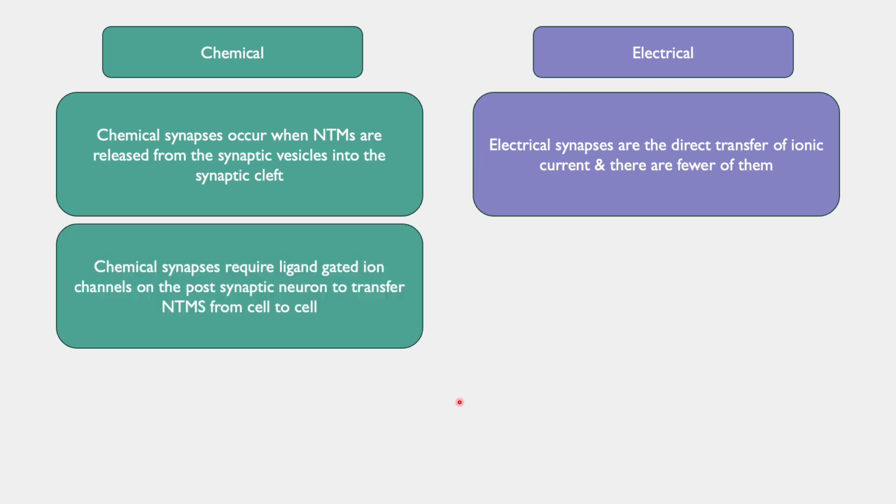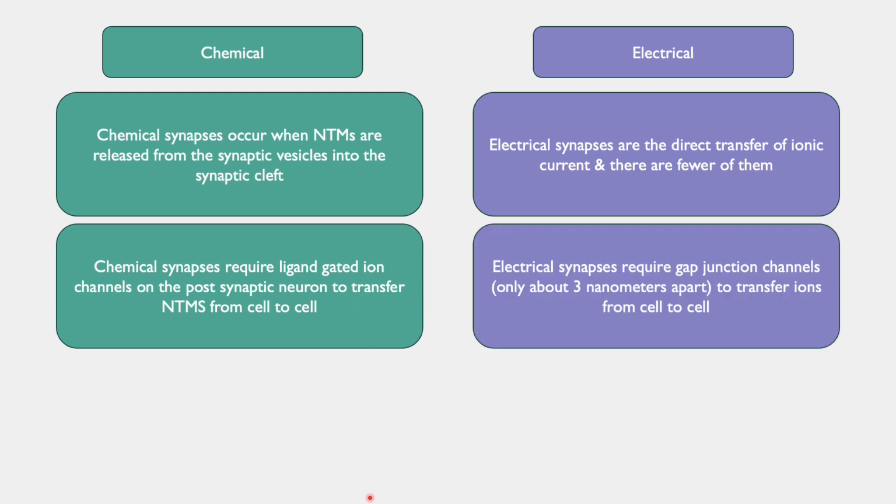Chemical synapses require ligand-gated ion channels and other types of receptors that we'll talk about later today. These ion channels, or receptors, sit on the postsynaptic neuron and allow the transfer of neurotransmitters from cell to cell. These neurotransmitters can also initiate the opening of ion channel gates, which will allow ions to enter the postsynaptic neuron.